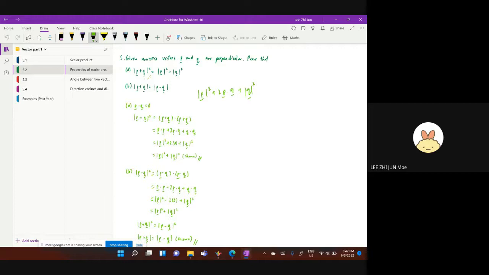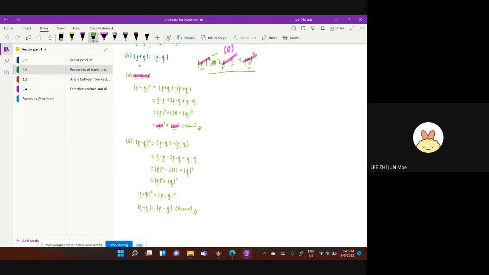We have to know that when we factorize it, we will get this. For the minus case, the negative stays the same, but the positive will become negative. So given that the non-zero vectors P and Q are perpendicular, the dot product of P and Q will become 0. So we factorize it, we get this, and the P dot Q term becomes 0. So we are just left with P squared and Q squared, shown.